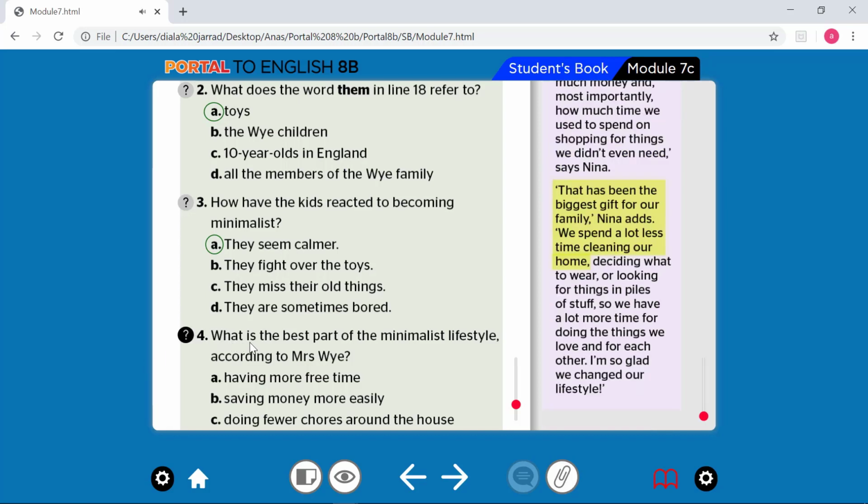The next question, question 4: What's the best part of the minimalist lifestyle according to Mrs. Y? That has been the biggest gift for our family.